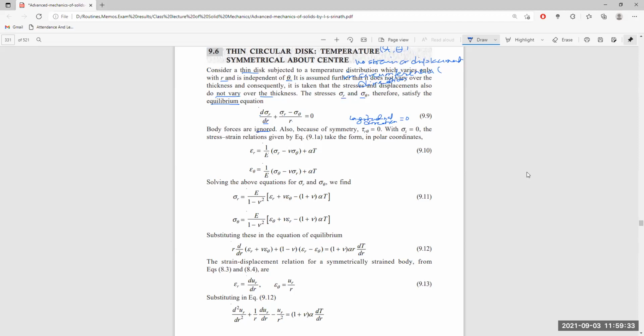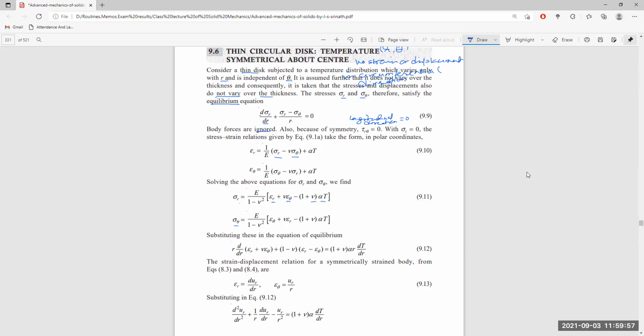Solving the above equations for sigma r and sigma theta, we'll get sigma r and sigma theta in an equation like this, in terms of epsilon r, the strain in the radial direction, epsilon theta, the strain in the circumferential direction, the coefficient of thermal expansion, as well as the rise in temperature over the course of time itself.